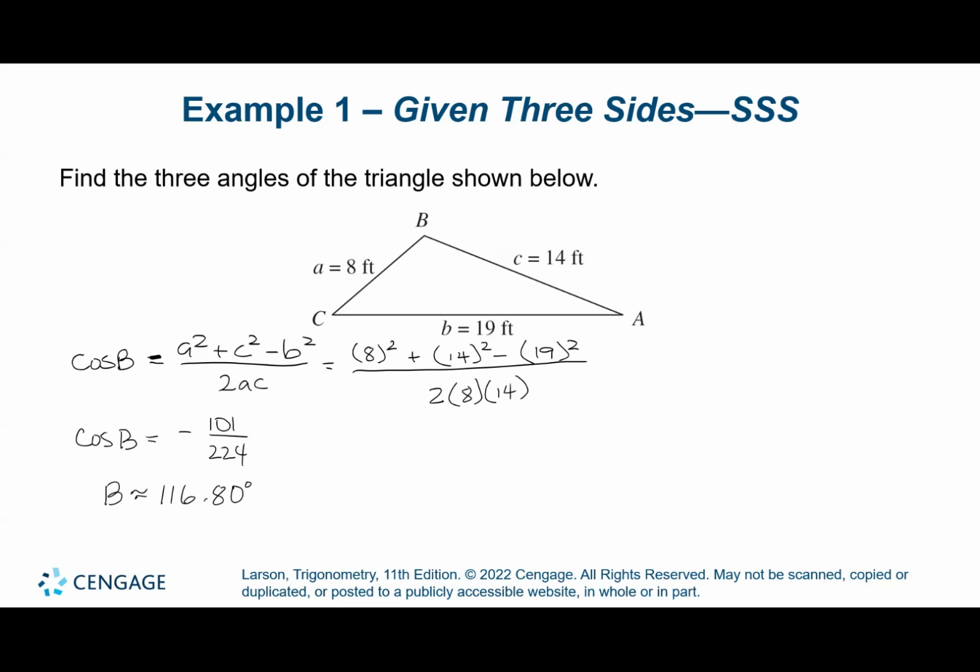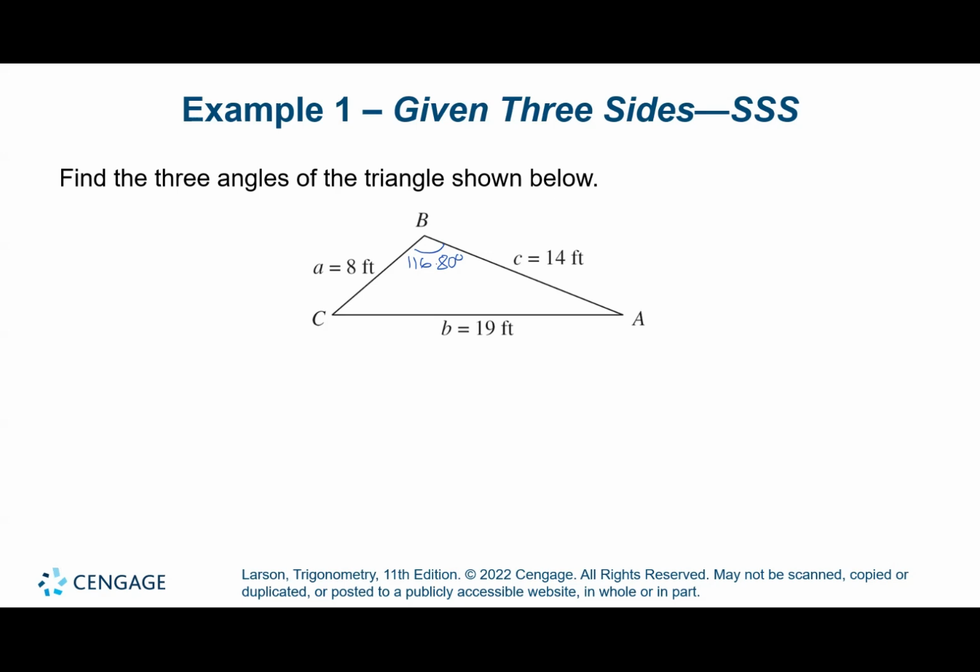From here, now I have enough information that we could use the law of sines to find angle A. That would look like sine A over a equals sine B over b.